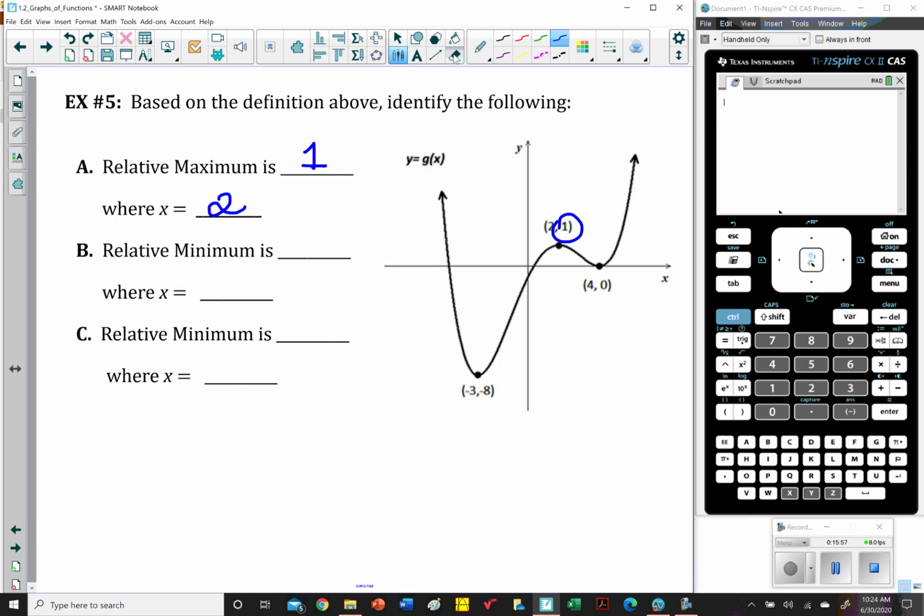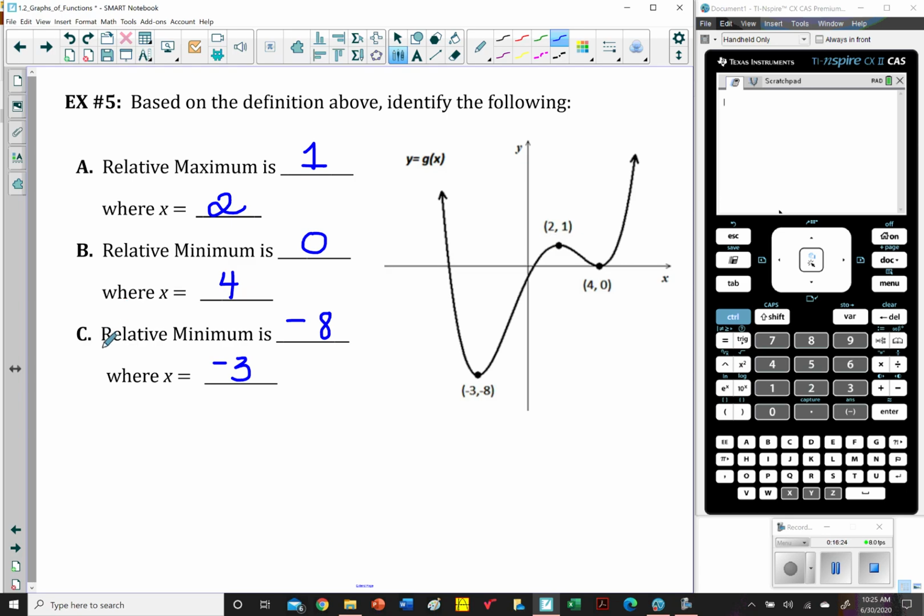So the maximum is 1 when x is 2. The minimum, there's a relative minimum of 0 when x is 4. And there's also a relative minimum of -8 that happens when x is -3.